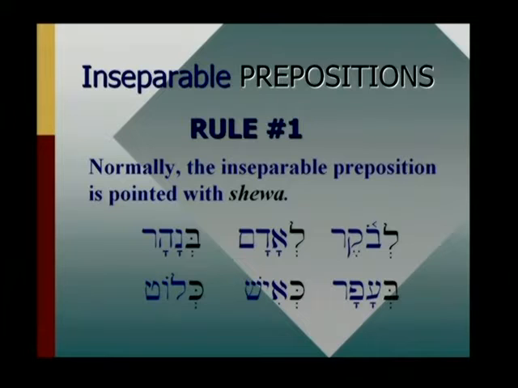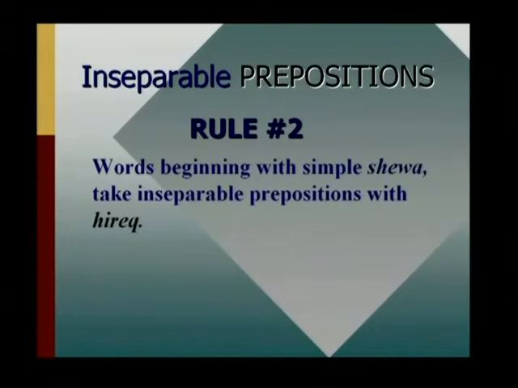So this is the normal form of the preposition. It is at the beginning of a word, and it has a schwa under it. That's rule number one. Rule number two, words beginning with simple schwa take inseparable prepositions with hirik. Why? Two schwas cannot occur back to back at the beginning of a word. Two schwas can occur back to back in the middle of a word.